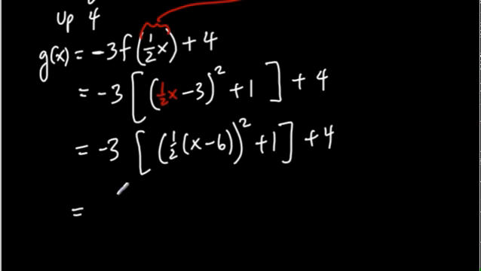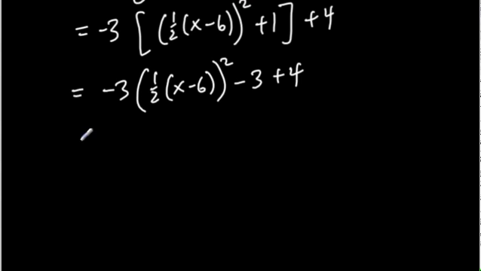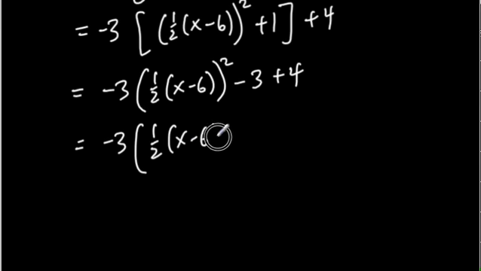And if I expand this, the negative 3 will distribute to each of these. So it's negative 3, and this is half (x minus 6) squared. This is negative 3 plus 4. So this is simply equal to negative 3 times (half x minus 3) squared plus 1.